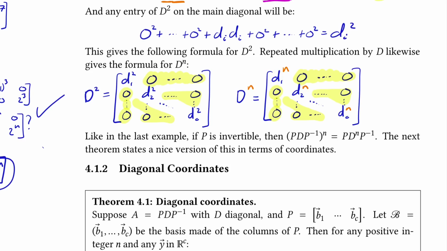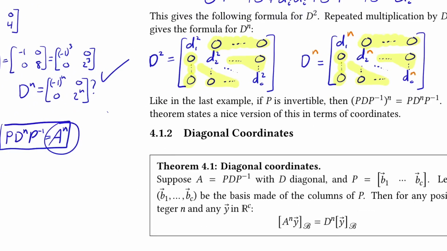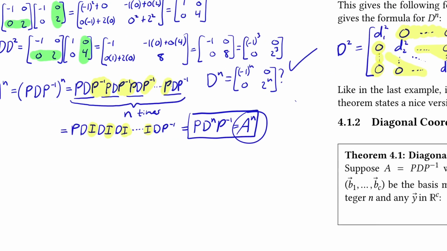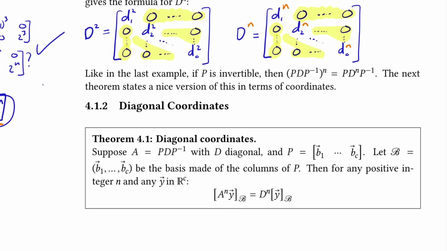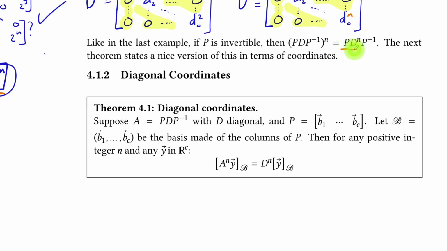So we're going to see that this formula that we worked out, that if you raise a diagonalizable matrix to the power n by doing it in terms of its diagonalization parts, an invertible matrix times a diagonal matrix times its inverse, p inverse, then all the p and p inverses in the middle cancel out the same way we just showed, and we can state that in terms of coordinates.